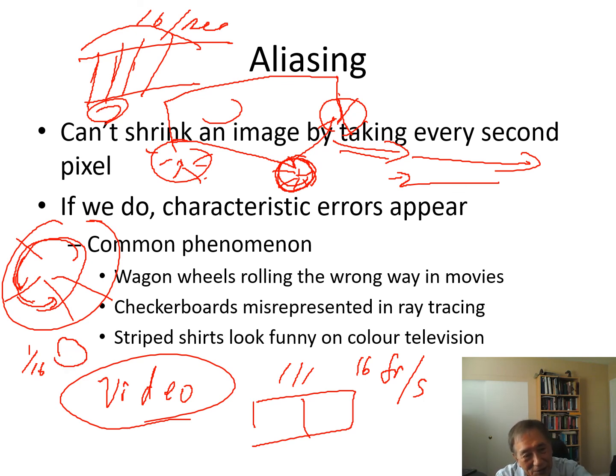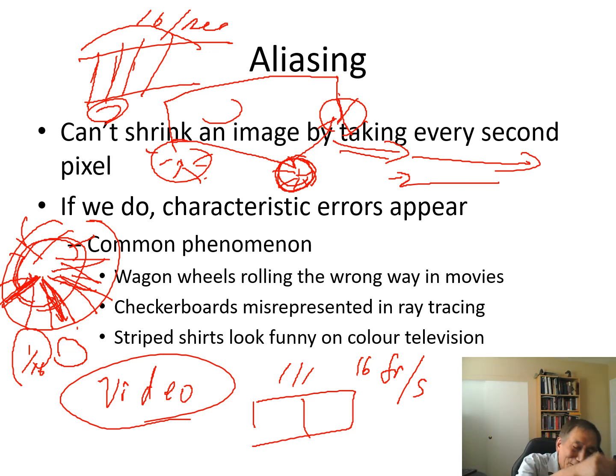But if it goes faster and takes just 1/16 of a second to move, this one moves over here because it goes a little faster. Then you don't see it, because all those 8 or 10 lines, called spokes, have the same shape, so they look as if they are staying in the same place. If we go faster, it looks like it is lagging behind, so they look like they are turning backwards.